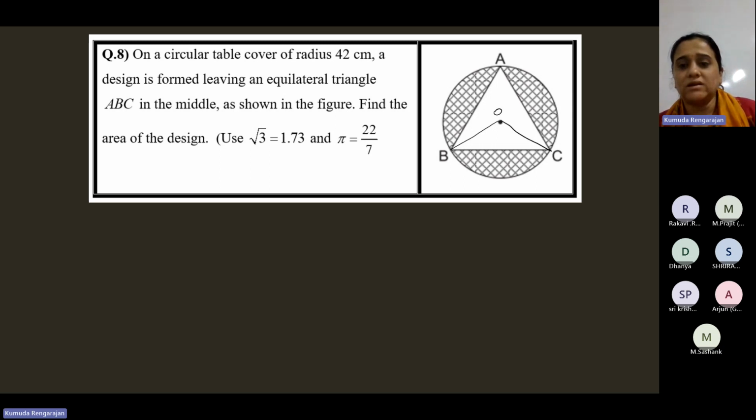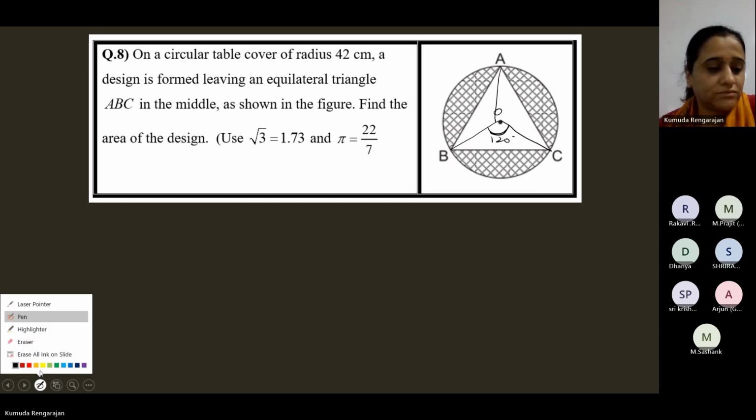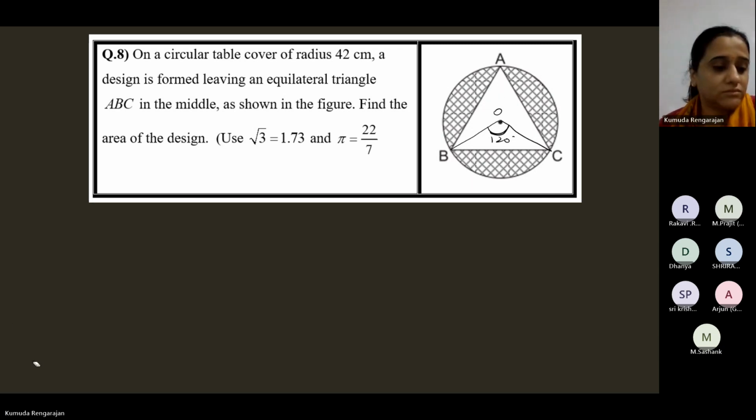So the measure of angle BOC is 120 degrees because 360 by 3. How many chords are there? 3 chords. Okay, let me join this also and show you. This is the angle AOB, the angle subtended by chord AB at the center.